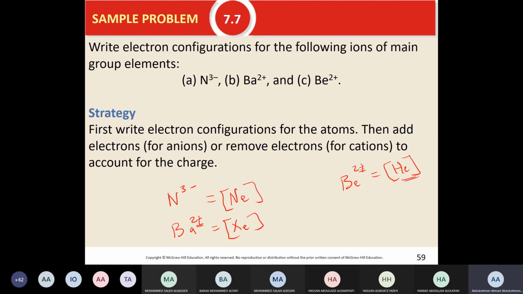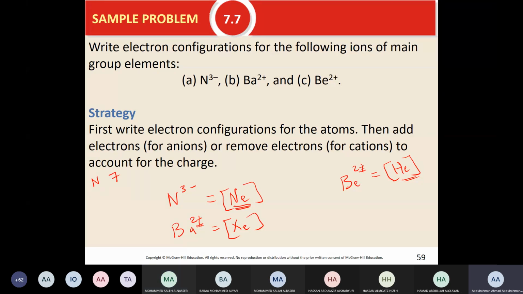How many electrons do we have for neon? 10. Very good. How about for nitrogen? How many electrons do we have for nitrogen? All electrons, not valence. 7.